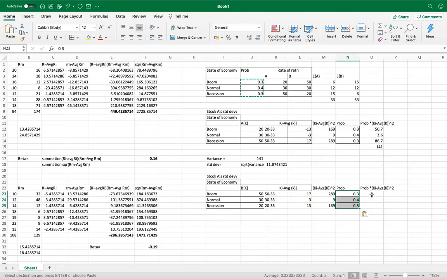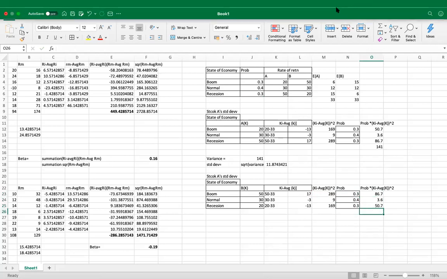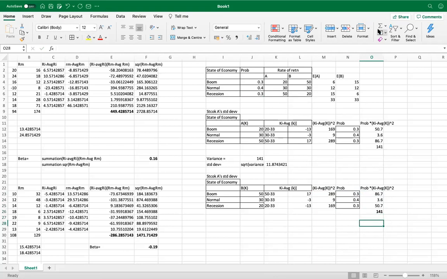Right? So what am I getting the total as? This is also 141. So I'll say variance is 141.